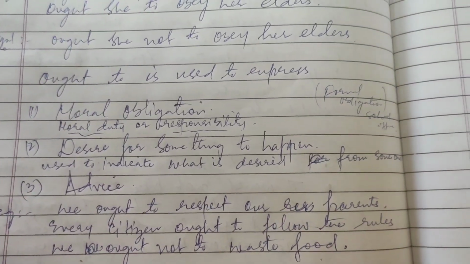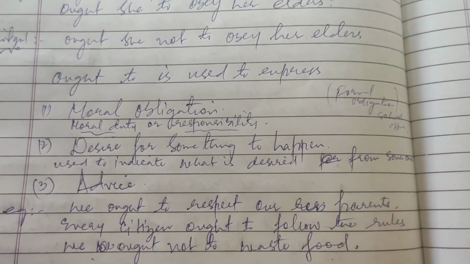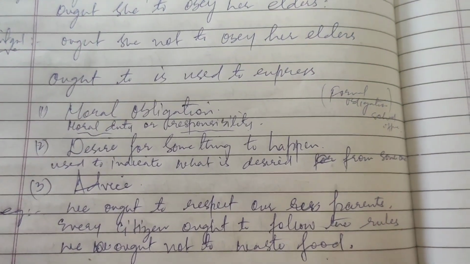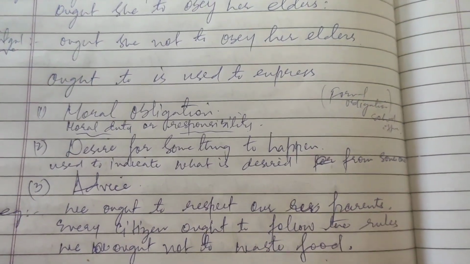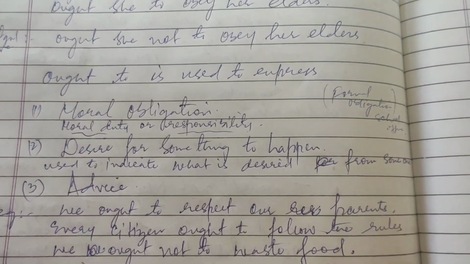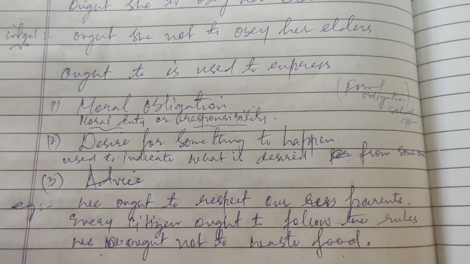Next example, we can say that you ought to have locked the gate. Like we expect that you have locked the gate whenever you have entered the house. So we can say that you ought to have locked the gate.